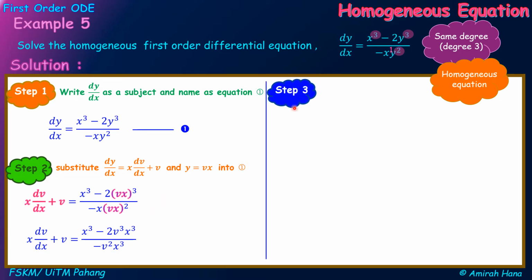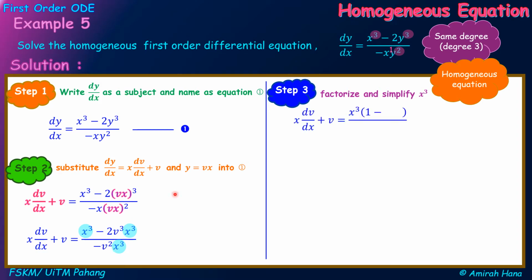Then we continue with step 3. Factorize and simplify x cubed. From the fraction on the right hand side here, we have a term containing x cubed in the numerator and denominator. So we can factorize it.